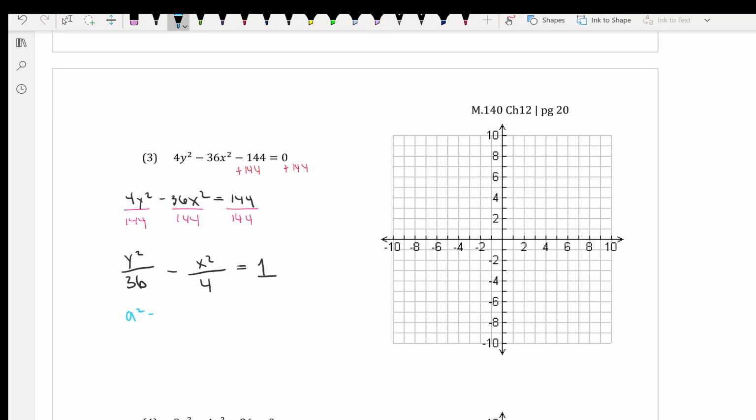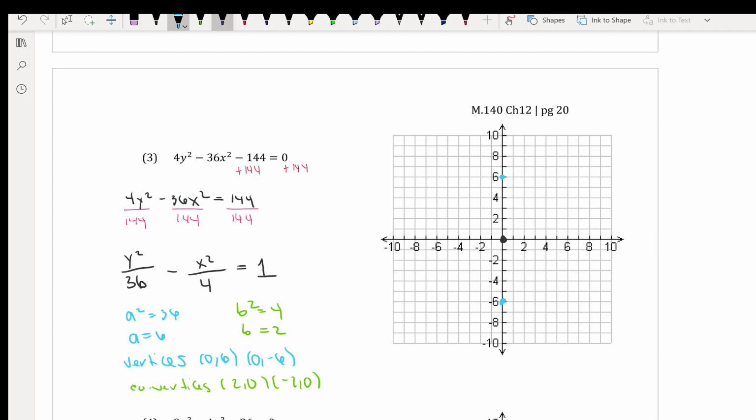So my a squared is equal to 36, so a is equal to 6. So I have my vertices at 0, 6, and 0, negative 6. I have my b squared is equal to 4, so b is equal to 2. So my co-vertices are 2, 0, and negative 2, 0. So I still have my center at 0, 0. I have along the y-axis my vertices, which is 0, 6, and 0, negative 6.